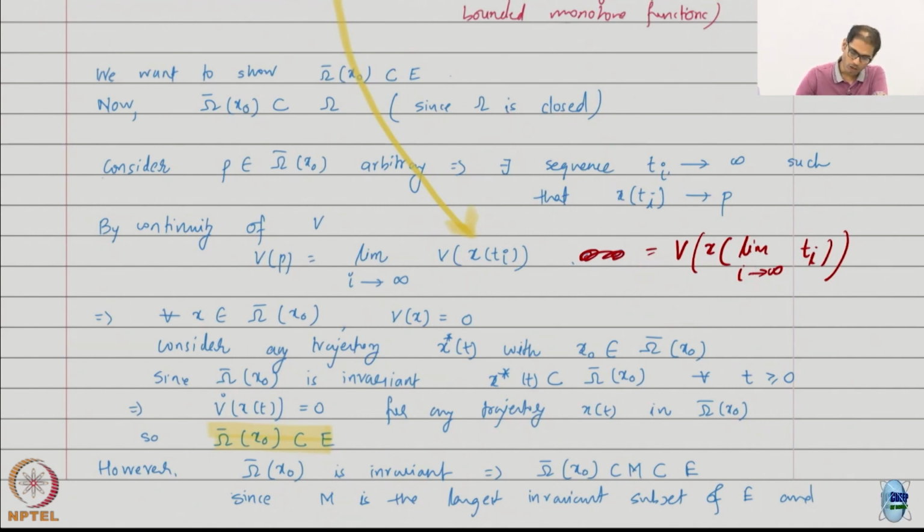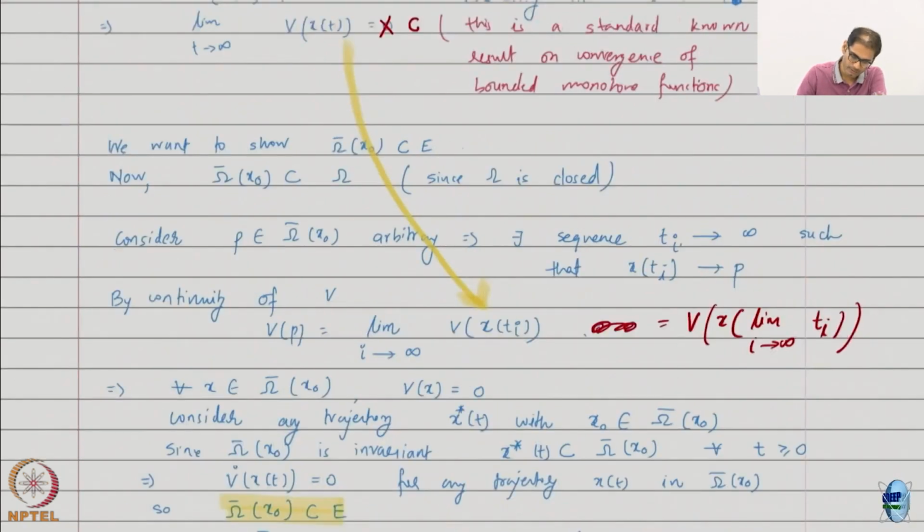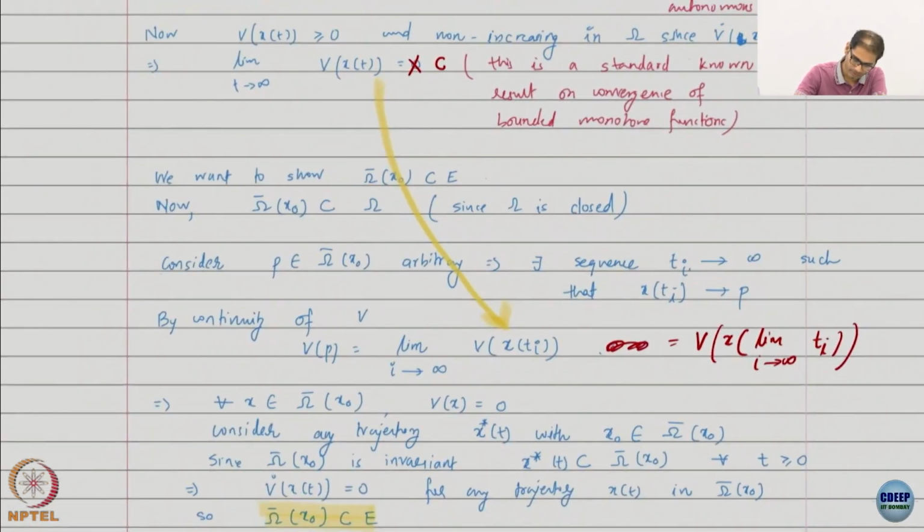Okay, and what do I know? From this result here, limit as t goes to infinity, that is v of p, right. This is actually v of p.